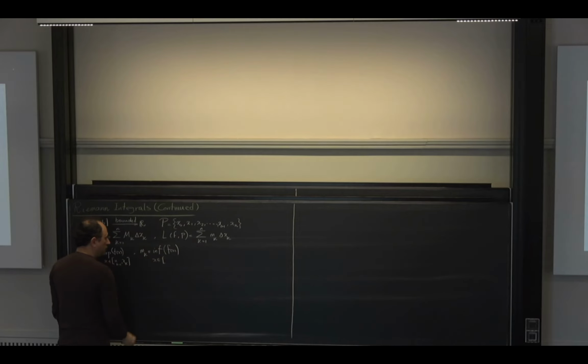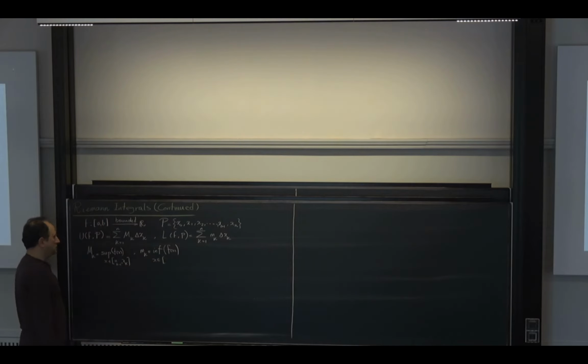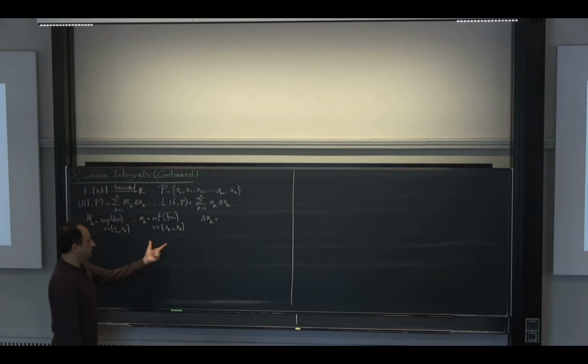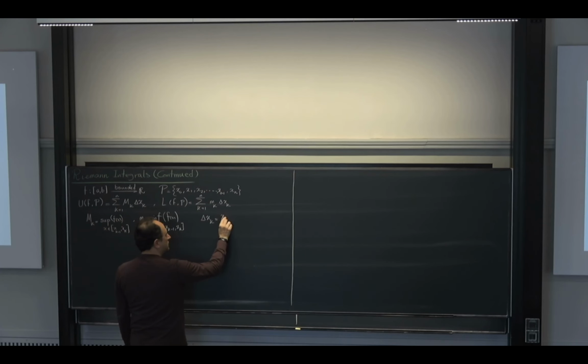Of course, if you are working with a continuous function, there is no difference between supremum and maximum, and no difference between infimum and minimum. And delta x sub k is just the length of the kth interval.